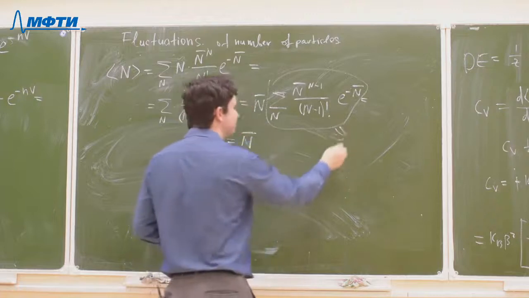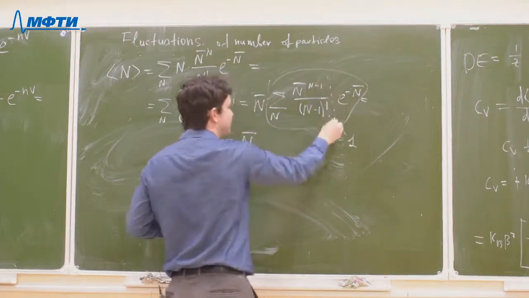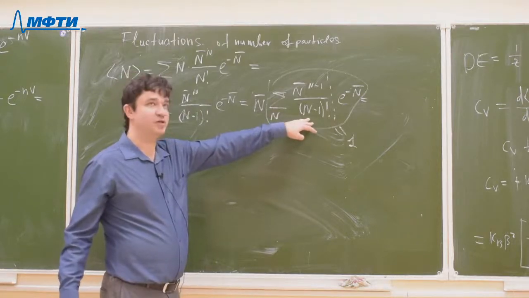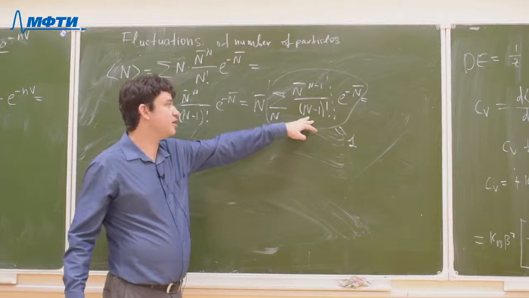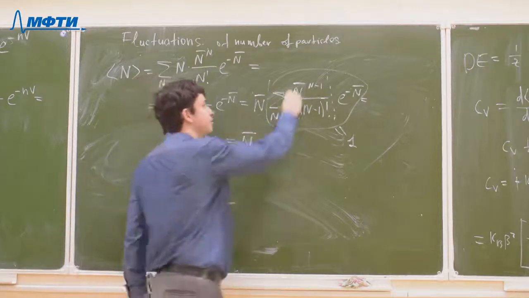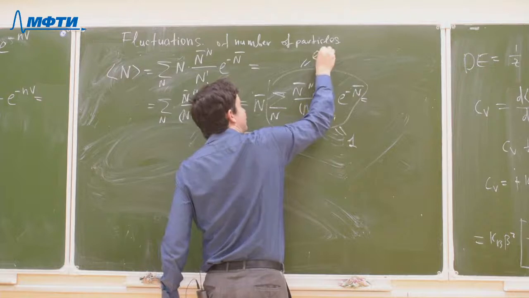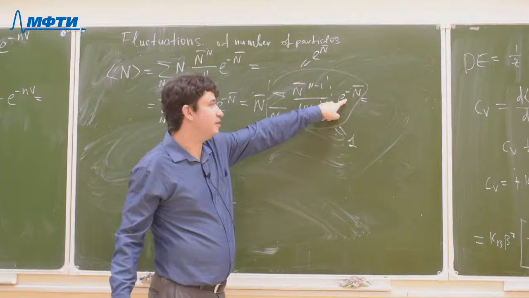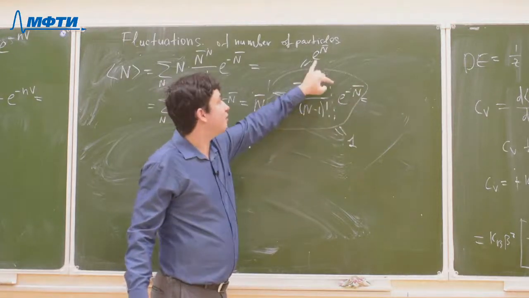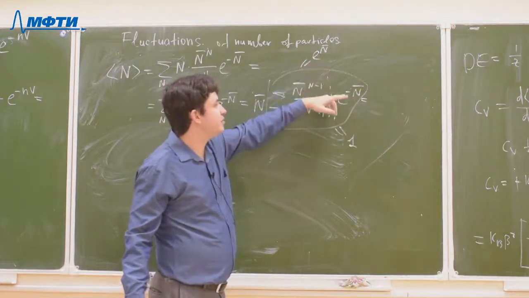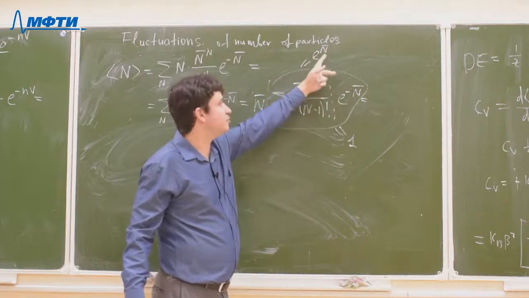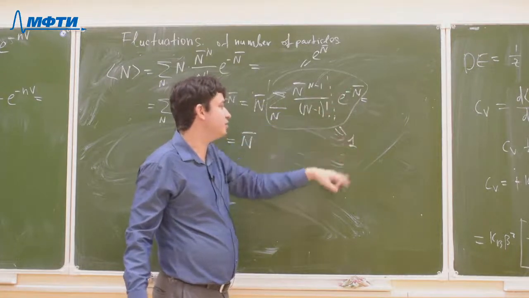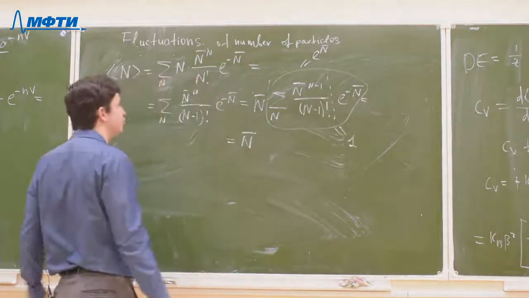It can be easily seen, because this part of this sum is a Taylor expansion for the exponent. This is a Taylor expansion for e to the power n with line. And here, multiplied by e to the minus the same power, after we take a product, in the exponent we have the sum of exponents, n minus n, which gives us 0, and e to the power 0 is 1, as should be expected.